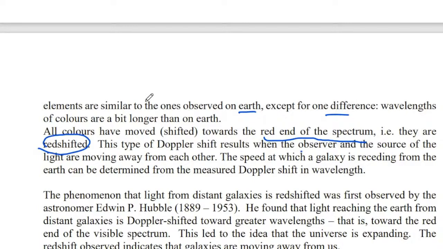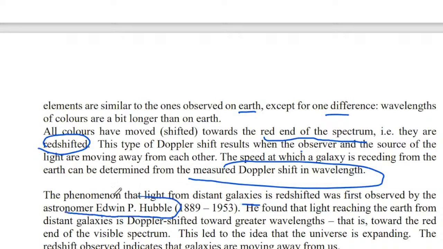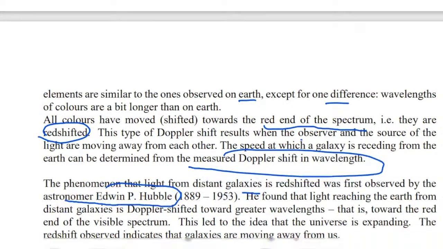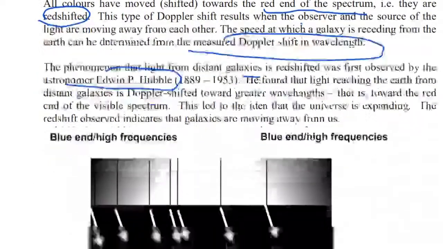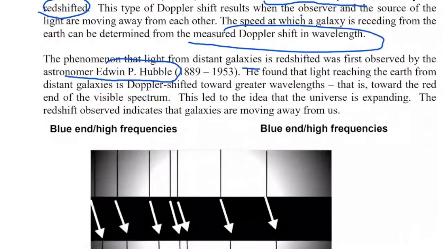The speed at which a galaxy is receding from the Earth can be determined from the measured Doppler shift within the wavelength. The phenomenon that light from distant galaxies is redshifted was first observed by an astronomer in those years. He found that light reaching the Earth from distant galaxies is Doppler shifted towards the greater wavelength, towards the red.